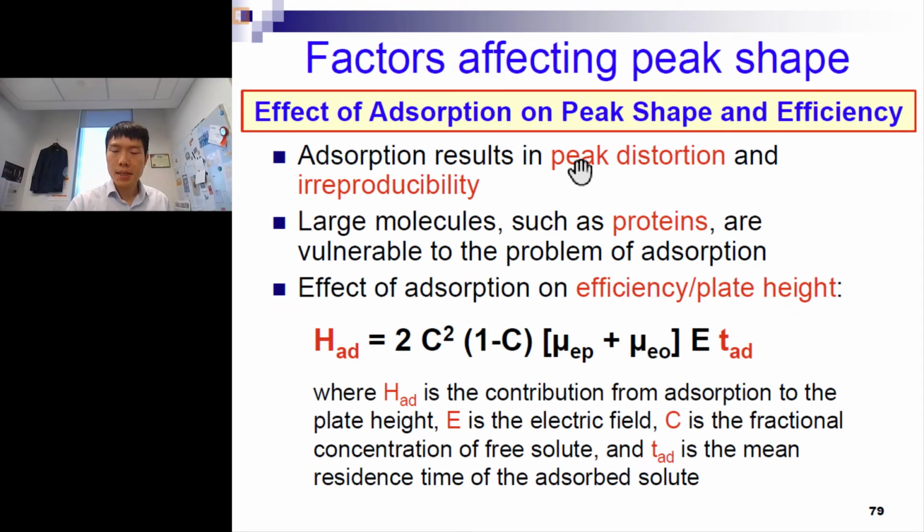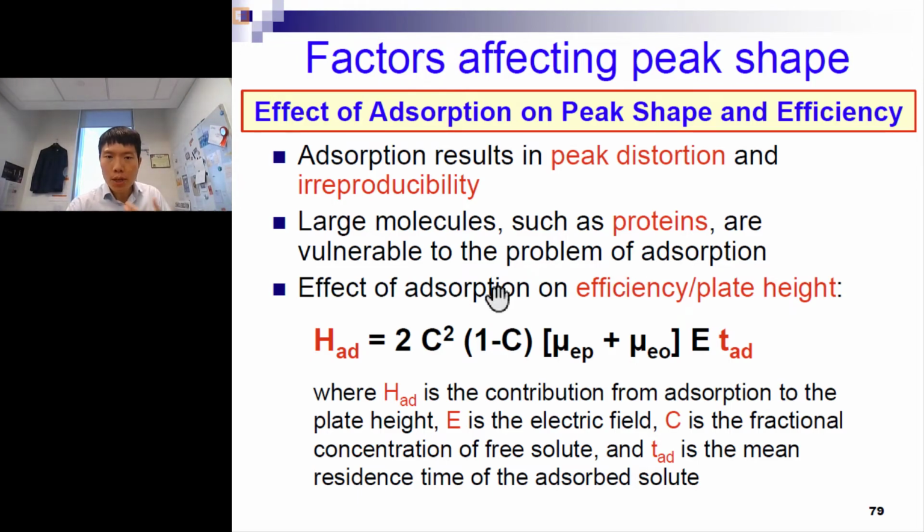In this case, I want to say that there is a possibility of adsorption because of a larger protein with lower mobility, which just sticks to the surface. What it does is cause peak distortion, and when you have that, it's not very reproducible, which means you can't use it as a reference to see whether you have substrate A, B, and C. You can't even use it.